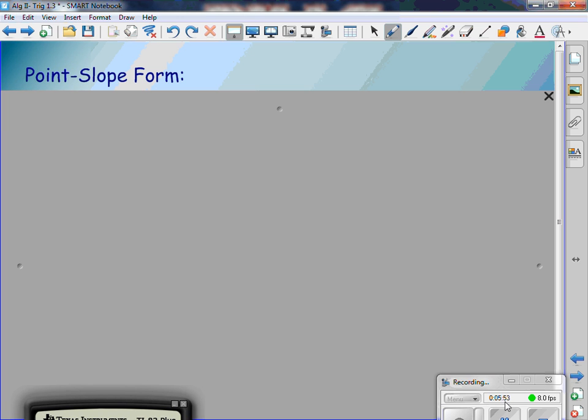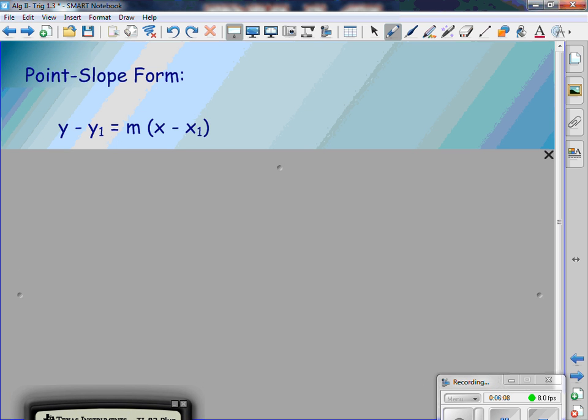There's another way besides using the slope-intercept form. This is called point-slope form. Anyone remember what point-slope form is? This one is y minus y1 equals m times the quantity of x minus x1.